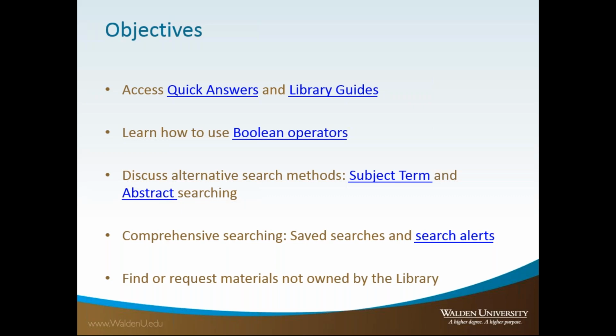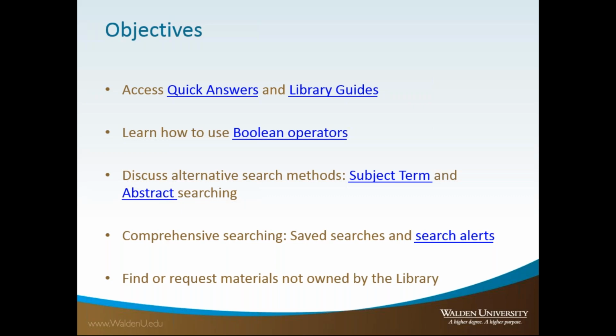First, we're going to see how to access quick answers and library guides, which is an important skill, especially at the advanced level. Then we're going to learn what Boolean operators are and how we can use them in the databases to improve our searches. We are then going to talk about some alternative search methods, such as subject term searching and abstract searching.